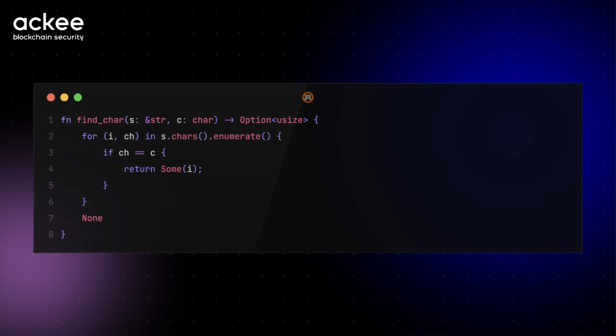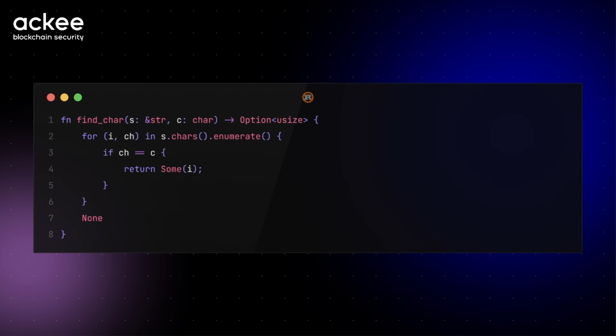Then the second are Options. Options have two possible values, as Results also have two possible values. For Result, the first one is the result value wrapped in Ok, and the second one is the error message.